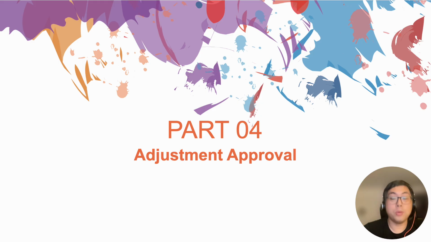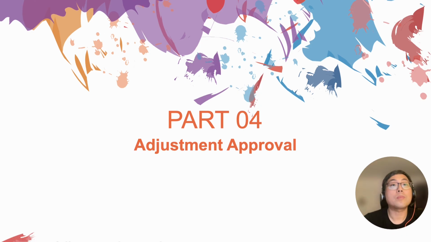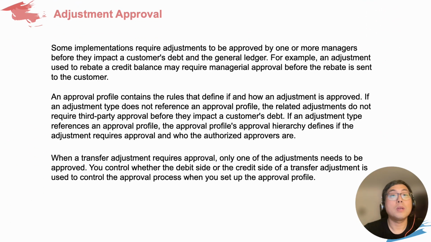Adjustment approval. Over here, I just want to talk through on a very high level. Some implementations require adjustments to be approved by one or more managers before they impact customer data and the general ledger.